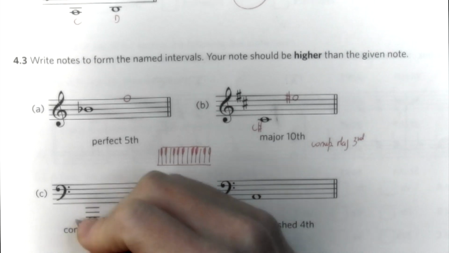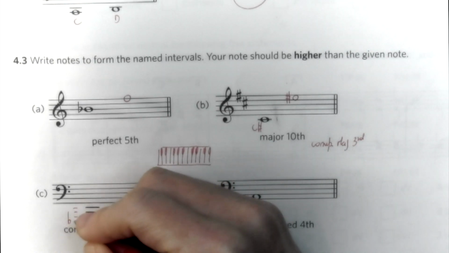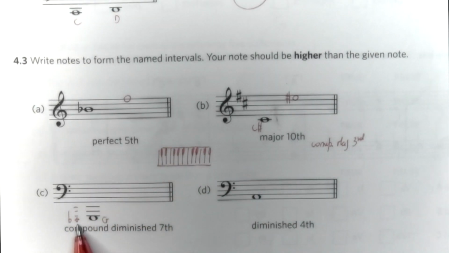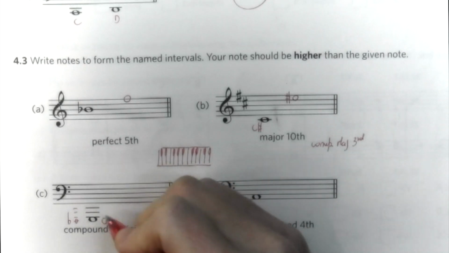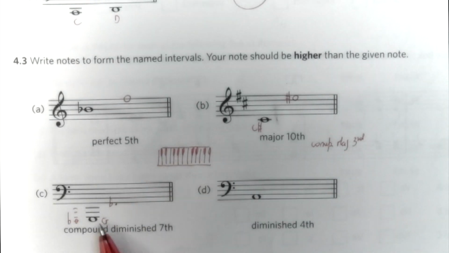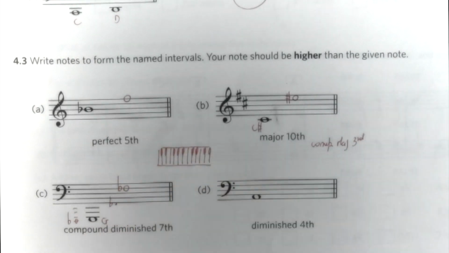So fa flat. Now, an octave higher, we put it higher. And this is the simple interval. Now, from here, we raise it up another octave to make it compound.